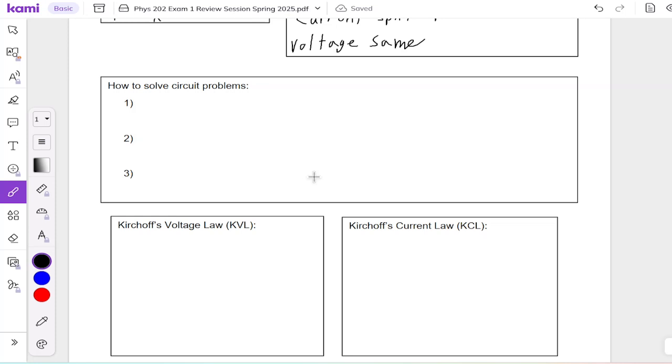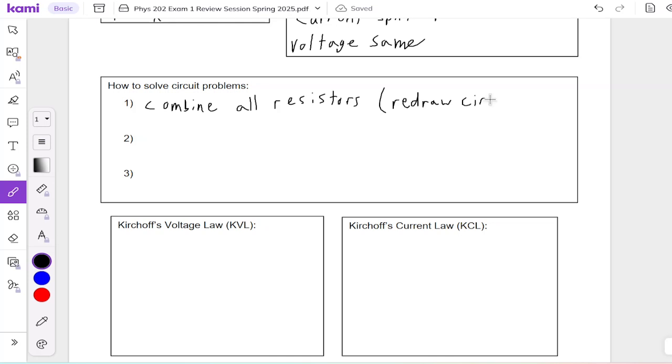I'm being hesitant because I have an idea for a better way, but it's only a half-baked idea, so I'm not going to tell you. This way works for sure. Step 1, combine all resistors.